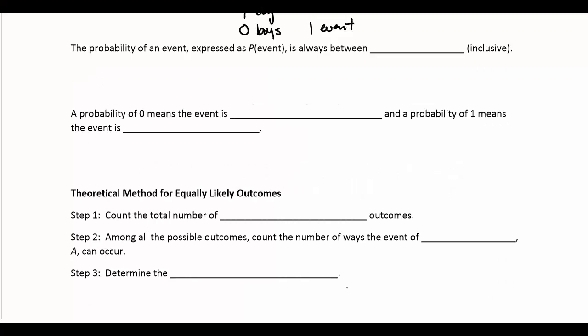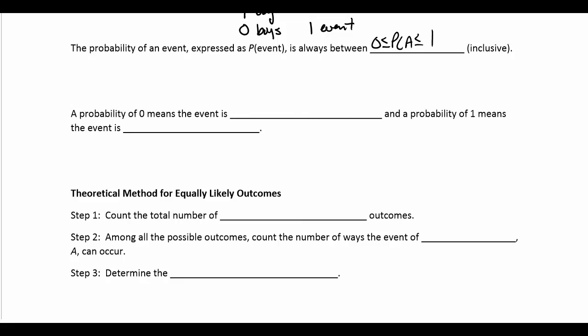All right, the probability of an event, expressed as P of the event, is between 0 and 1. So for example, if the weatherman says that there's a 30% chance of rain.